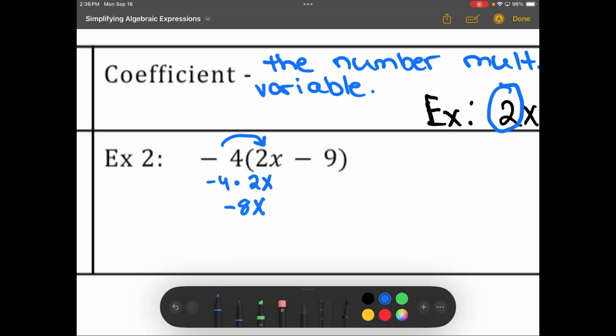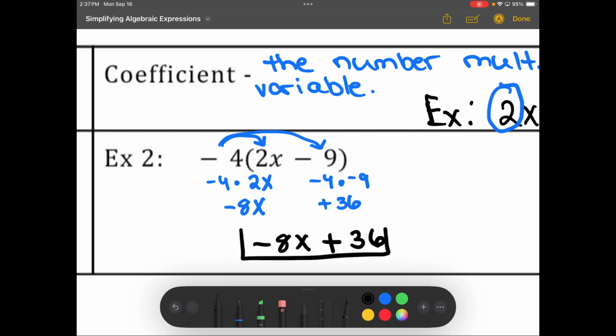Good job. So now I'm going to do negative 4 times this sign belongs to the 9. It is a negative 9. So negative 4 times negative 9. Positive 36. Why does that positive matter? It determines the sign in the middle. My final answer is negative 8x plus 36.